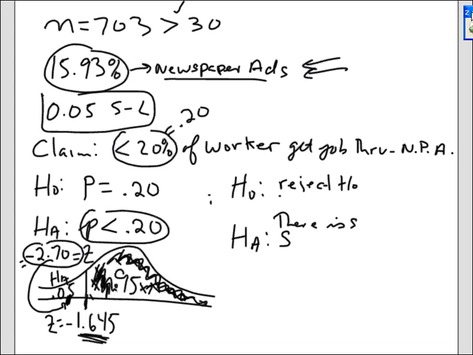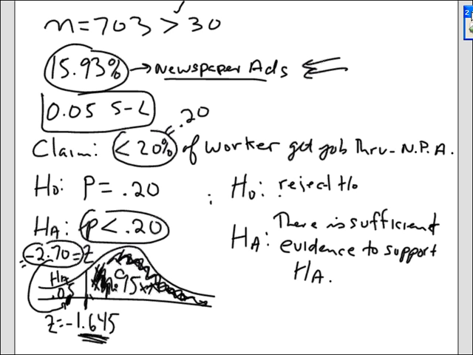There is sufficient evidence to support HA. That is, I do believe that less than 20% of the workers get their jobs through newspaper ads. I do believe that.